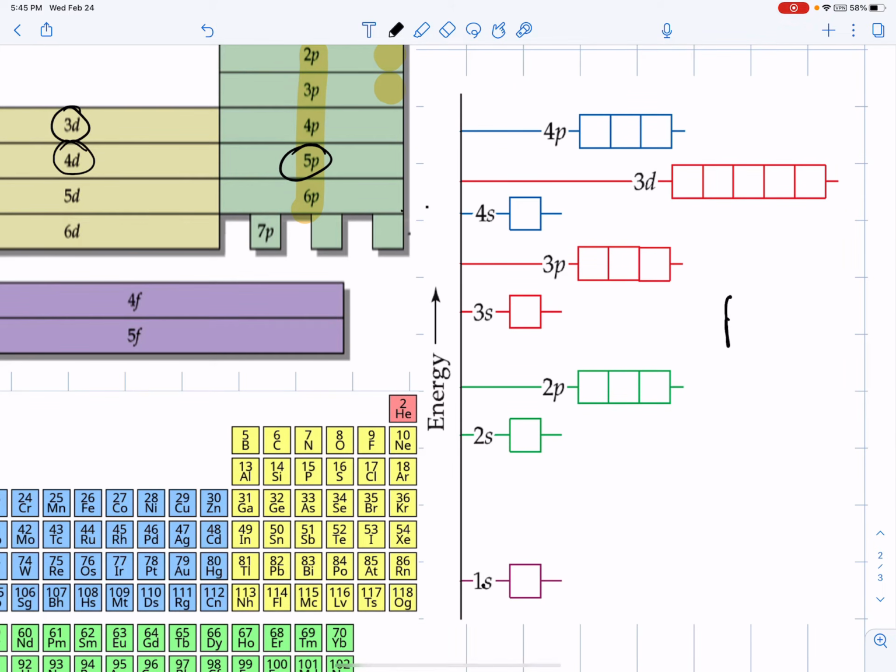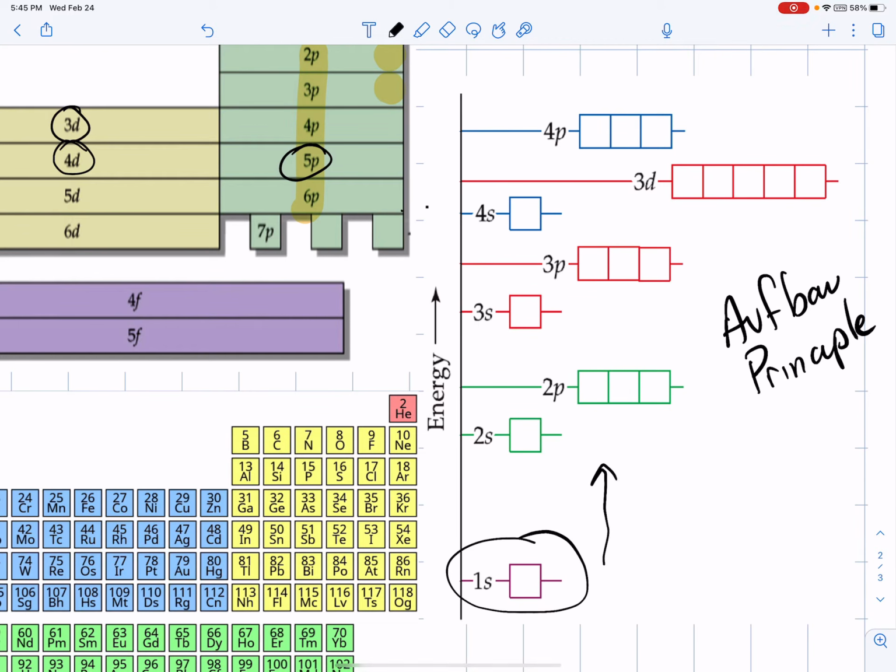Now, we saw this earlier in our notes, these energy levels of the different sublevels, and we remember the Aufbau principle. Okay, if you don't remember this, you can pause and write it down as I describe it. The Aufbau principle told us that when you're filling energy sublevels, you start with the lowest energy sublevel, the 1s, and you build up. That's what the Aufbau principle means. Start filling the lowest energy level and build up.